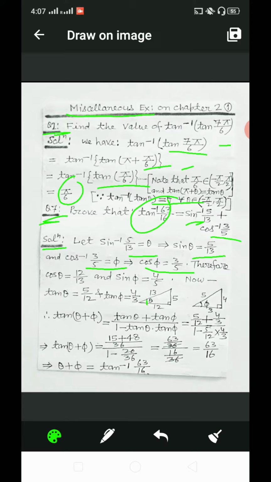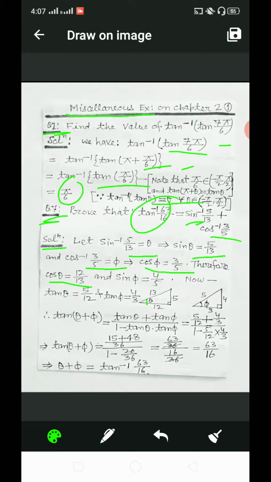Sin theta is equal to 5 by 13, meaning perpendicular by hypotenuse, and using Pythagoras theorem we can find the base also, that is equal to 12. So, cos theta is equal to base by hypotenuse. This is equal to 12 by 13.